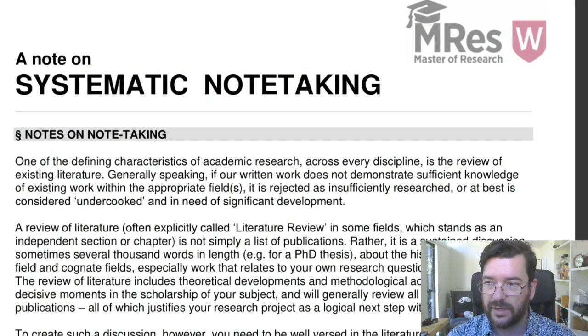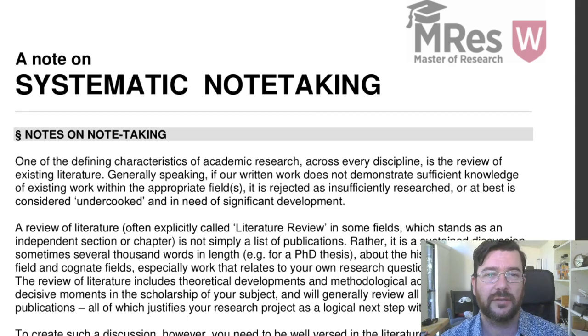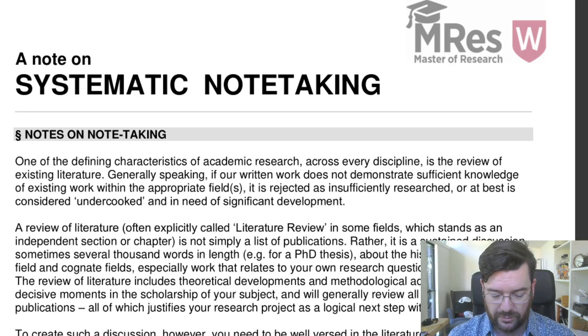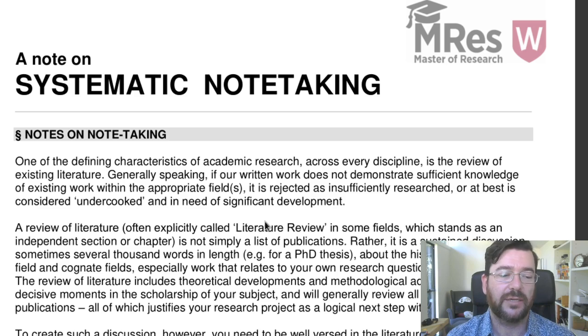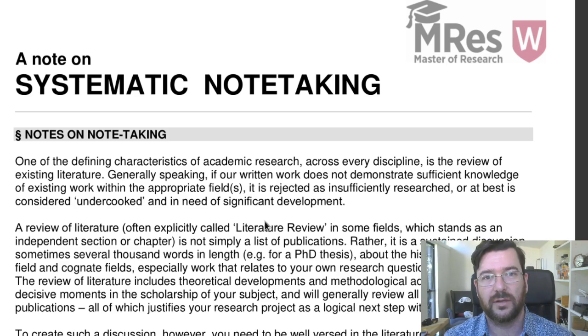And what we're interested in here is systematic note-taking. This document outlines our thinking about systematic note-taking and why it's a thing that we do as researchers, but also why it's a good thing to do, and how we can do this in a way that is sustainable and reliable, that breaks it down into manageable units of work, and gives us outputs that are really useful and valuable for us in terms of being able to create effective writing that is useful or valuable to readers.